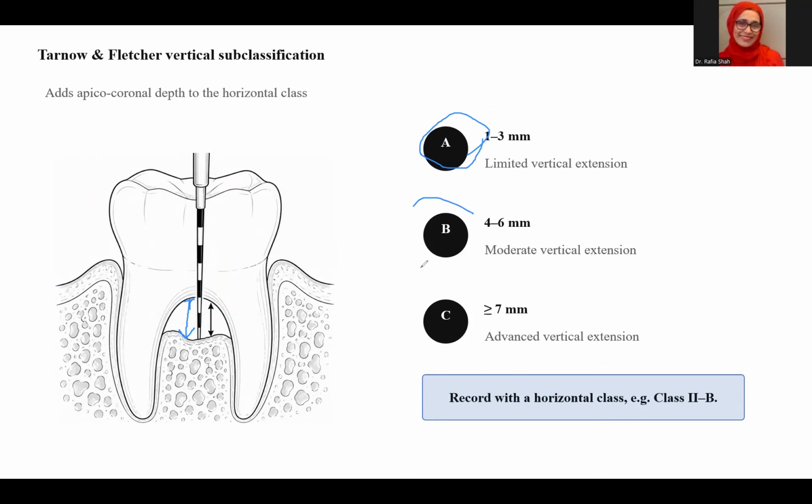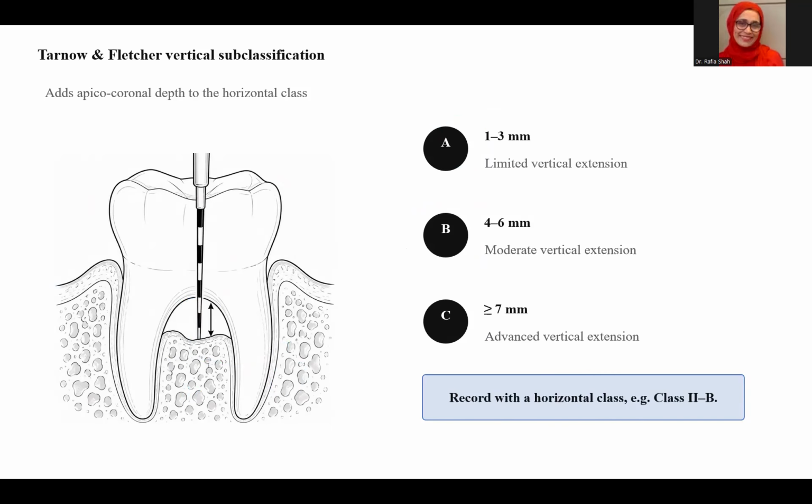And if the vertical loss is more, like 4 to 6 millimeter, they are naming it as class B. And if the vertical loss is more than 7 millimeter, they are naming it as advanced vertical extension or advanced loss as class C. So Tarnow and Fletcher again added into the current classification, but they added the vertical component.